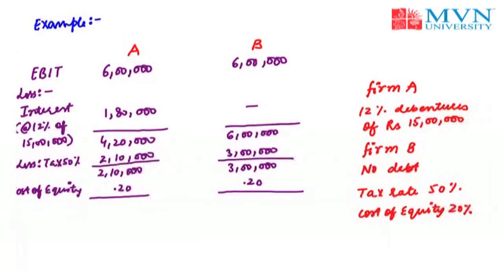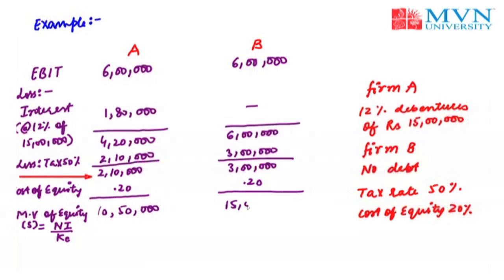Using this, we can easily calculate the market value of equity, which according to the formula is written as S. And the formula to calculate the market value of equity is net income divided by the cost of equity. Now, in this example, the net income for the firm A is 2,10,000 and for the firm B it's 3 lakhs. And the market value of equity can be calculated as 10,50,000 and for the firm B it's 15 lakhs.